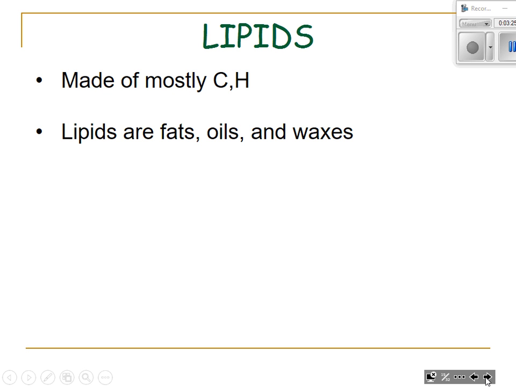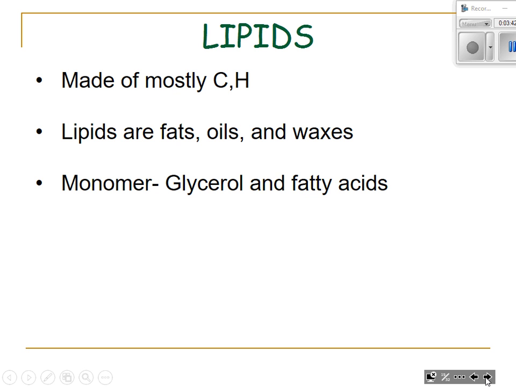Excellent. Lipids are fats, oils, and waxes. When we talk about building blocks, the monomers of lipids are glycerol and fatty acids.